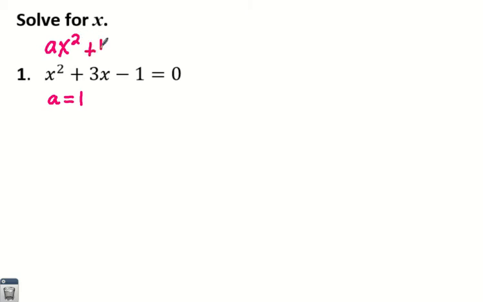Since we got to see this quadratic equation as a general form of ax squared plus bx plus c equals 0, that would make, in our equation, a equal to 1, b equal to 3, and c equal to -1.